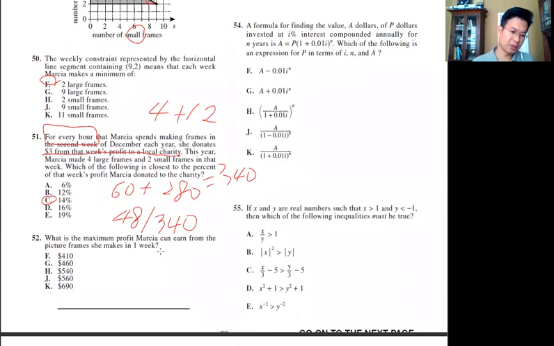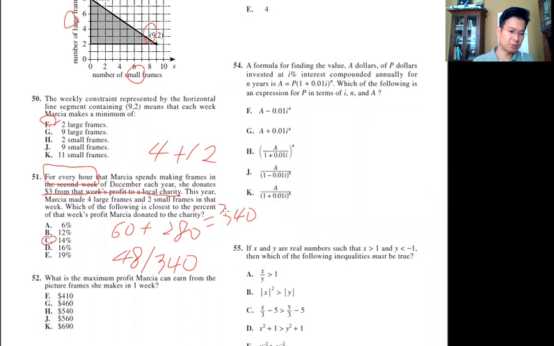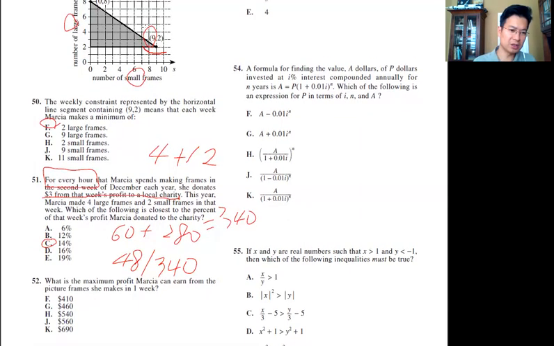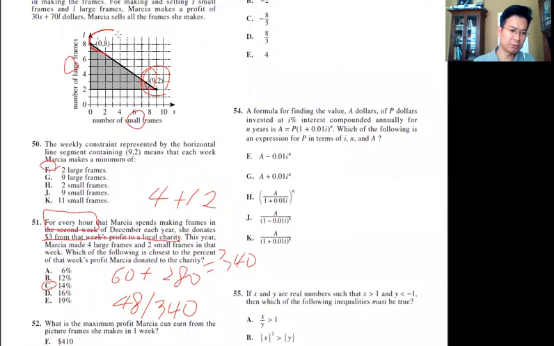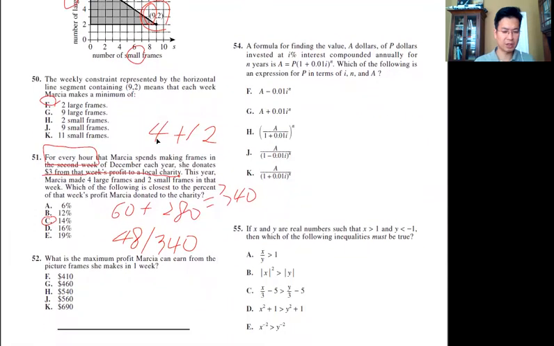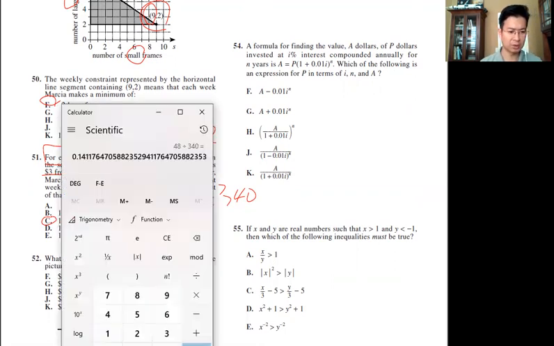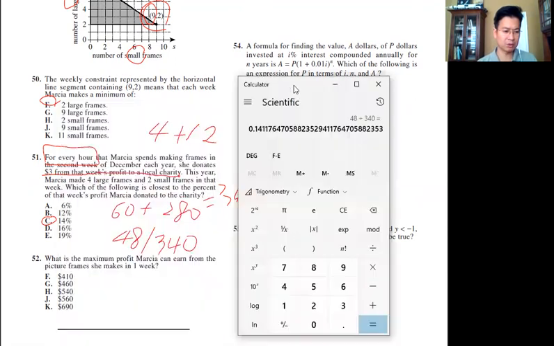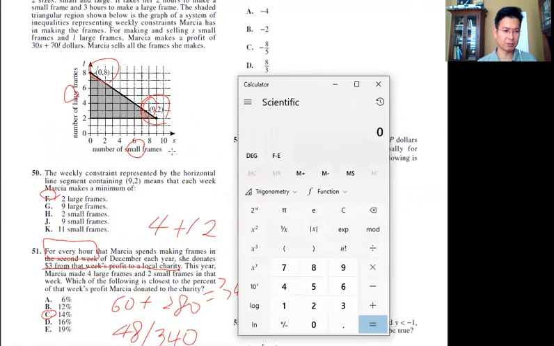What is the maximum profit? Maximum means any of these numbers that you can put it in, and then you test it out. So let's say 9, 2. 9 and 2 is the maximum. Let's assume. You can see any of these biggest number that you can make. That's what the maximum profit can be.